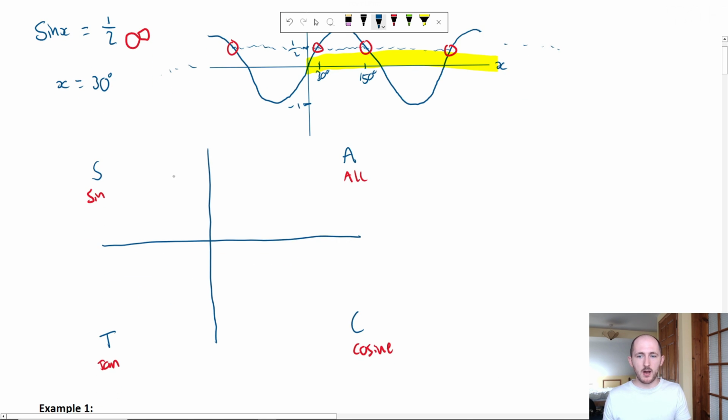So we can draw a line in these regions for different kind of trig values. So this is sine, isn't it? So I'm going to draw a line for sine in the sine region. Okay. And I'm also going to draw sine in the all region, because sine is positive in the sine region and the all region.